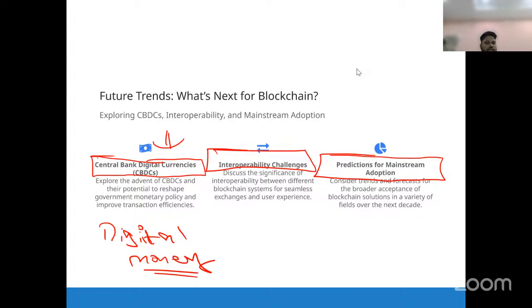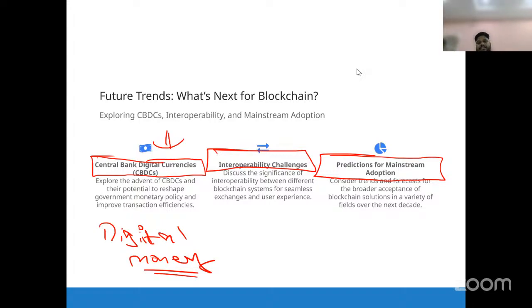That means anybody can go ahead and do whatever they want. But CBDC is totally controlled by the RBI. So it is not fully decentralized, I would say. It's a little bit centralized, where RBI wants to control everything. The major difference is that CBDC is a little bit centralized.